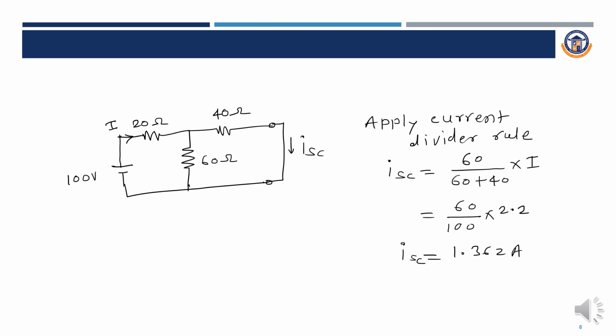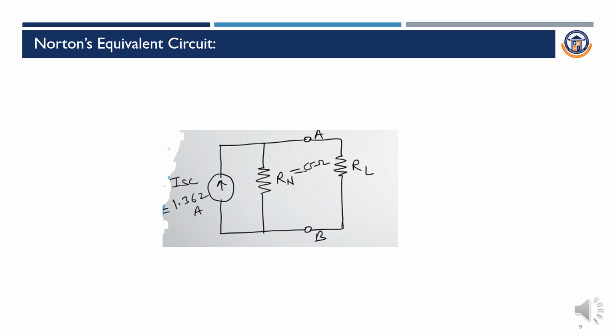So the next step is we have to draw the equivalent circuit. We already found the value of the equivalent resistor RN as 55 ohm, and short circuit current IN or ISC is equal to 1.362 ampere. That is replaced in the Norton's equivalent circuit along with the load resistance.